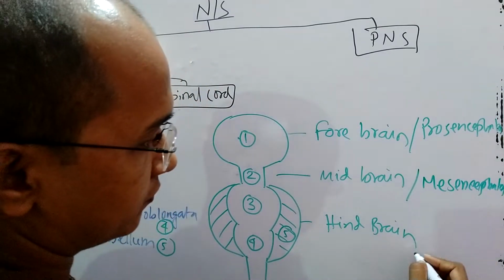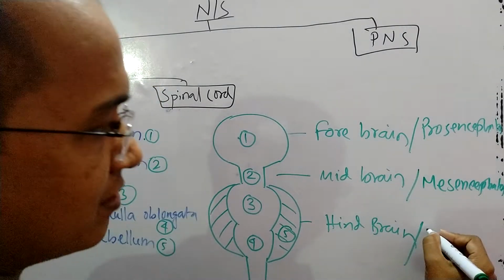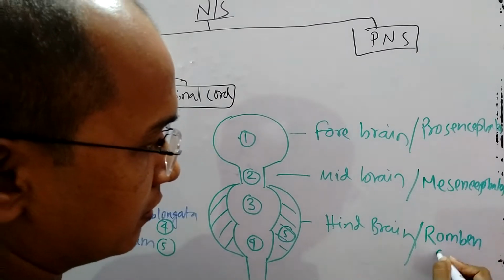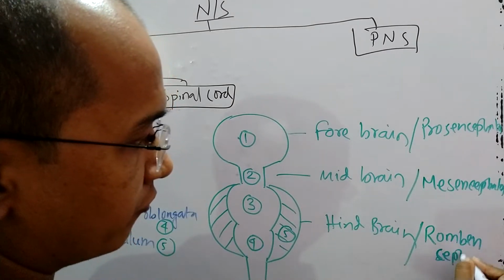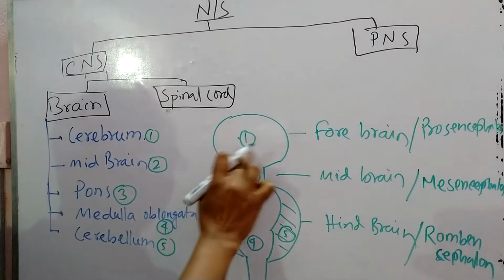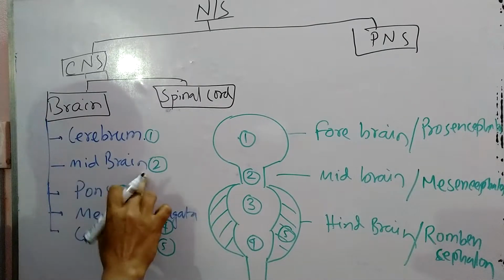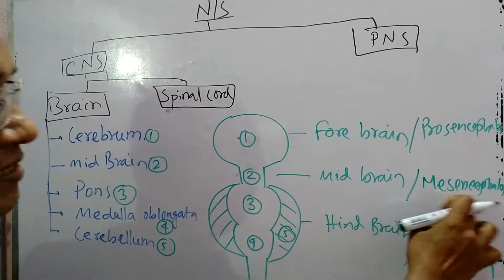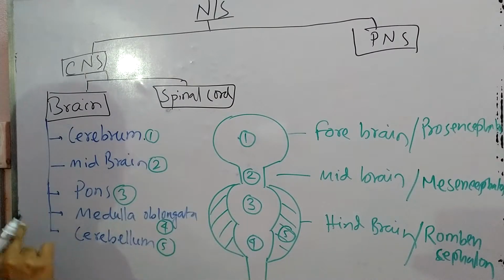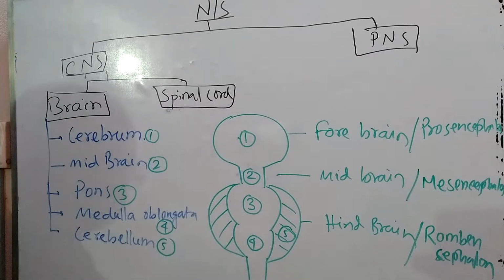The hindbrain, also called rhombencephalon. So forebrain, also called prosencephalon, midbrain, also called mesencephalon, and the hindbrain, which consists of pons, medulla oblongata and cerebellum, also called rhombencephalon.